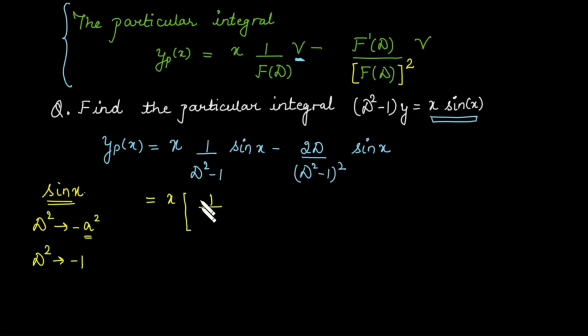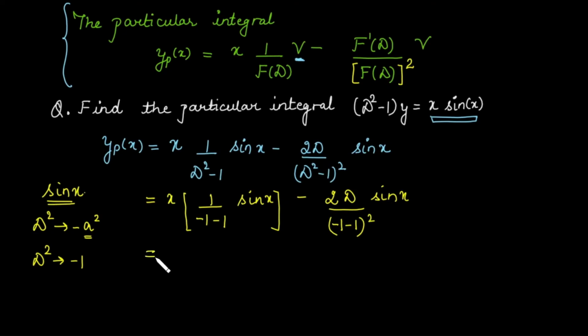So we have minus 1 sin x, minus 2 times the operator D into sin x, divided by. First we deal with the denominator term because we have the same term over here. So we replace D squared with minus 1 in this case, so minus 1 whole squared, and the rest of the terms are as they are.